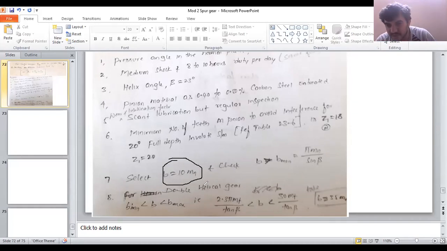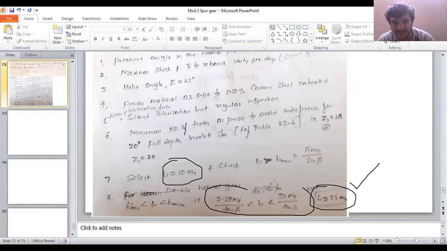That's why for a double helical gear the face width is always 35 times the normal module. Once you calculate, please check that this condition is satisfied. If not, then instead of 35 times the normal module, take 40 or 45 times the normal module. Now these are the 8 assumptions. You should follow this.